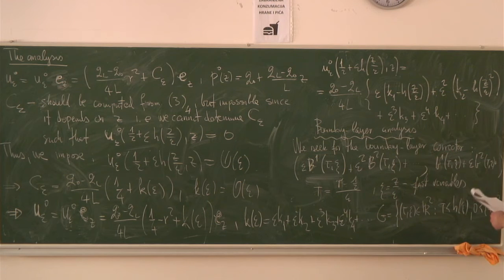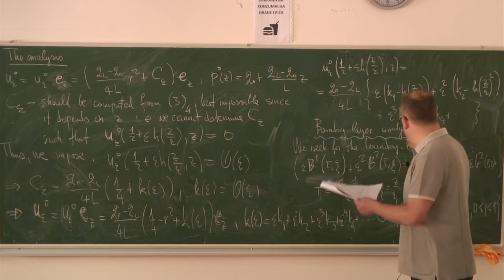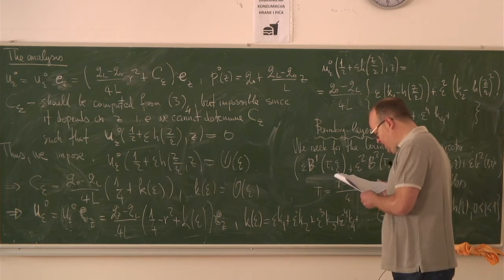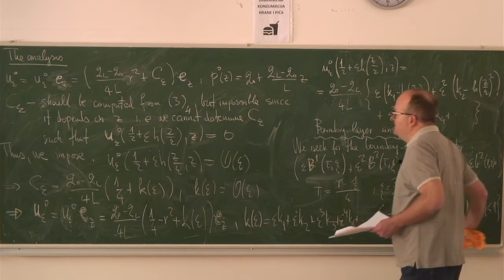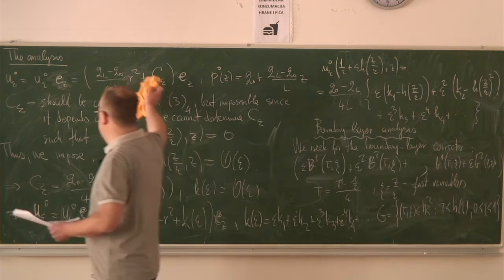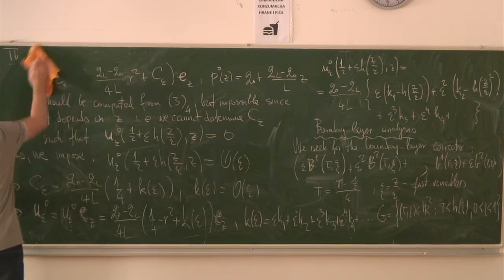So this is the infinite strip. So the idea is, as I said, this is the corrector for the velocity. Now I will erase this.